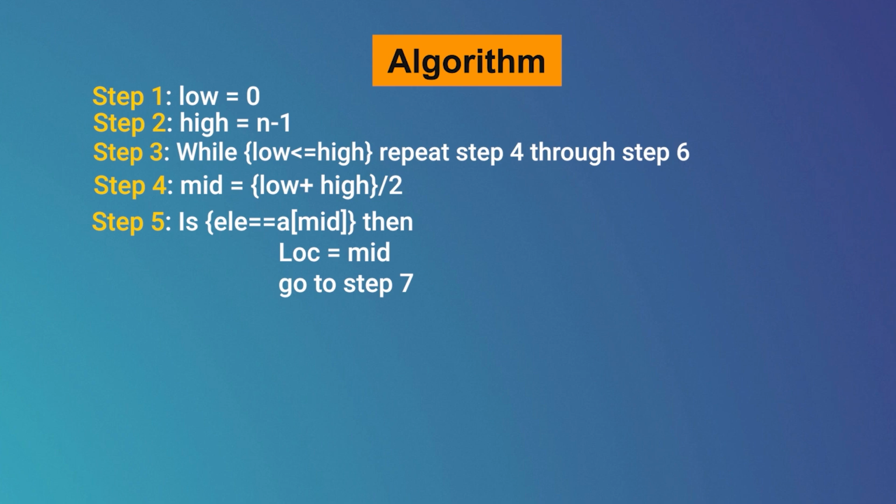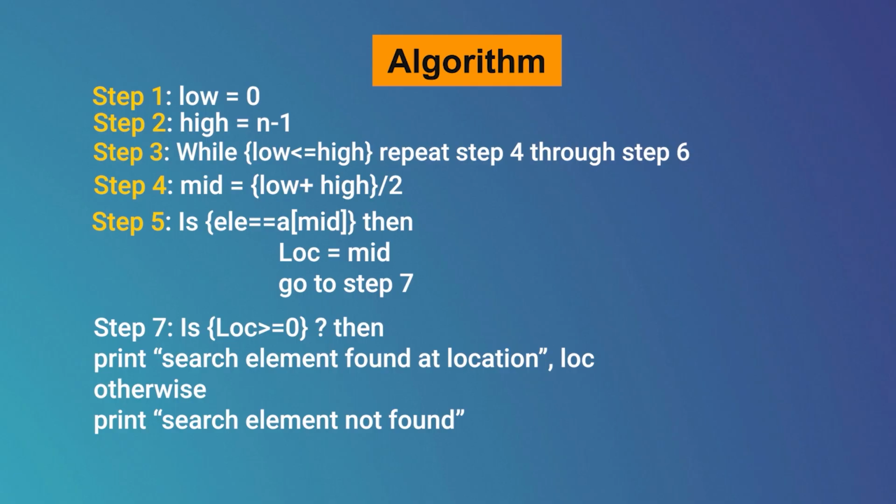If it matches with the middle value of the array, then I will record the location and go to step 7. In step 7 we will check whether the element has been found at the particular location, if it is greater than or equal to 0. And if it is not greater than or equal to 0, meaning it remains 0, then in that case we declare the message that the element is not found.